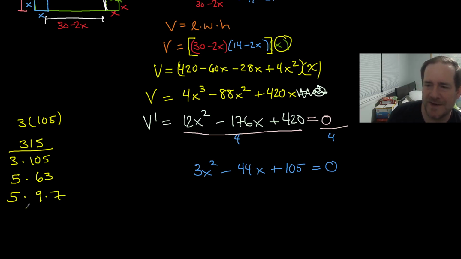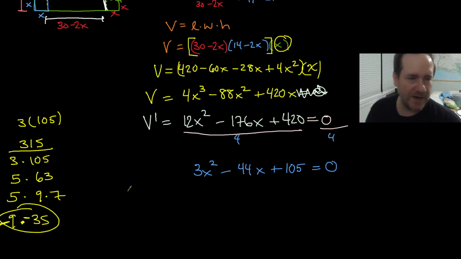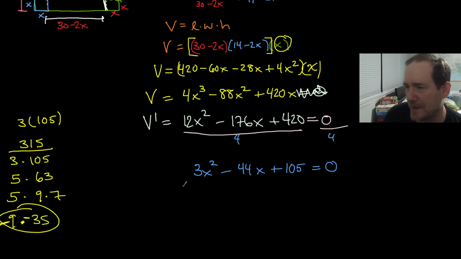So grab the 9. Let 9 be the factor. And then the other factors are 5 and 7, so put them back together, you got 35. Now you know that 9 times 35 would make 315, and you also can see that it adds up to 44. So that's the right pair of factors. Now to get negative 44, we would need both of these numbers to be negative. So negative 9 and negative 35 are the factors that will allow me to break this down.